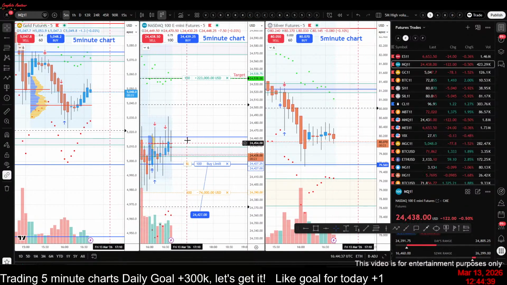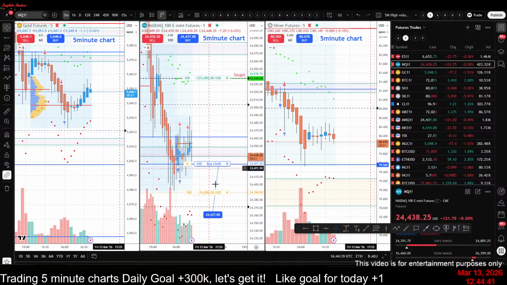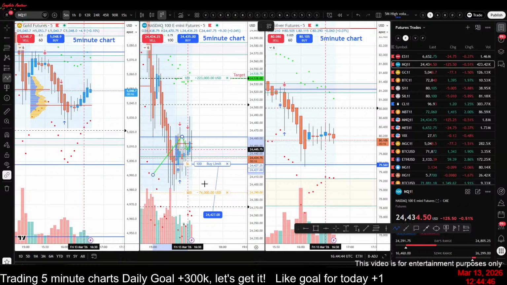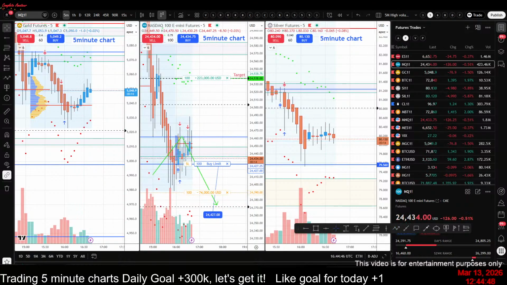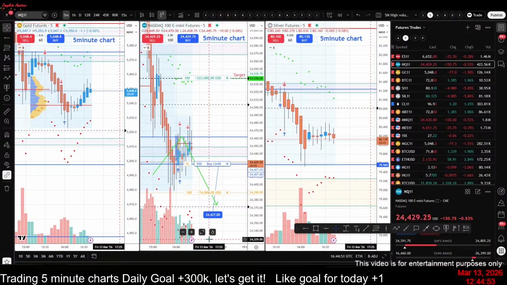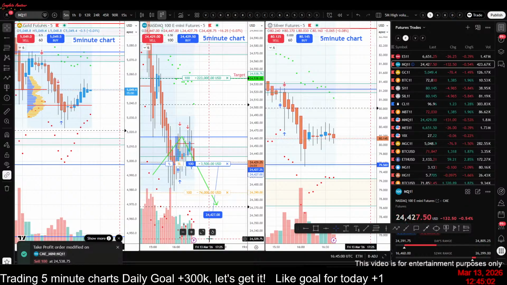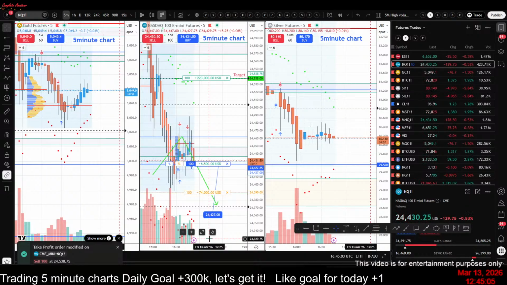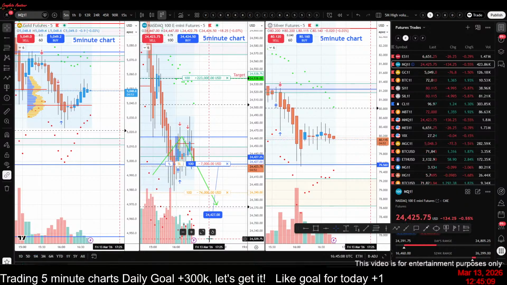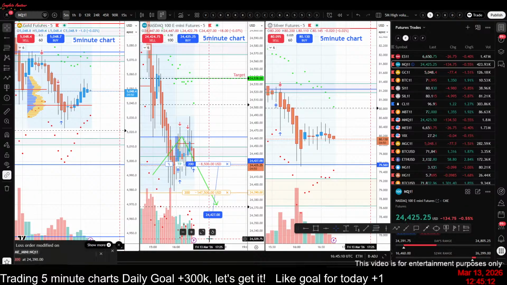Ah, see. Seems like we're going to get that rejection continuation on our friends over at NQ. Failure to head higher. There we go.